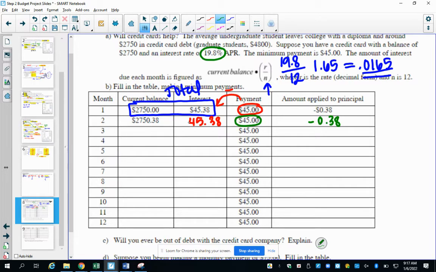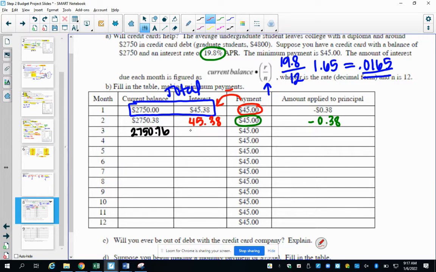You can add these: current balance plus interest minus your payment will get you your new balance. So now you owe $2,750.76. Now calculate the interest, so multiply by 0.0165.